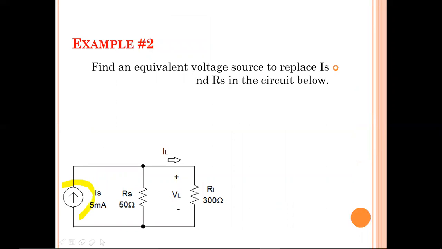Here, I am taking the current source, with the resistance in parallel with it, and here it is a load. In this load, the current flowing through the load and the voltage across this load are constant.